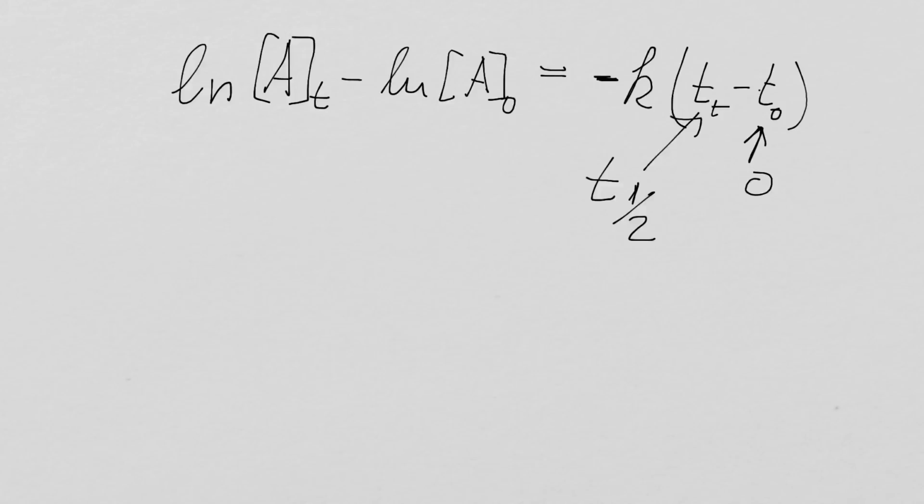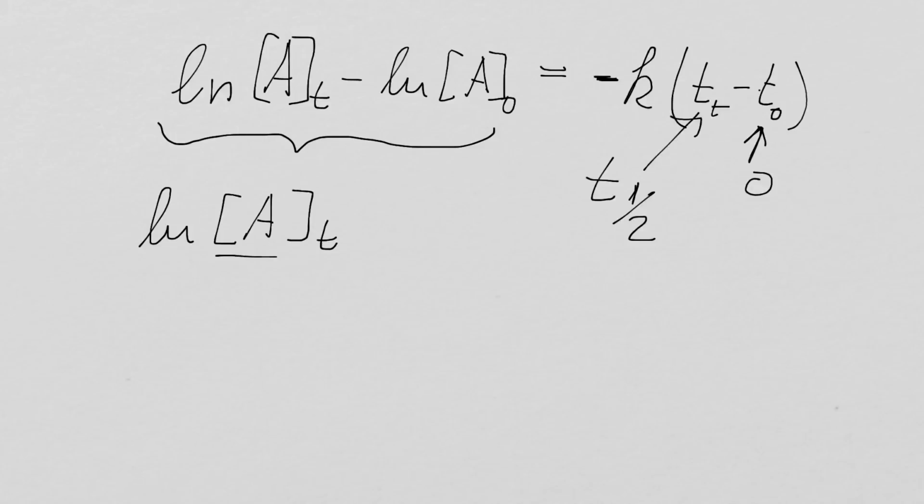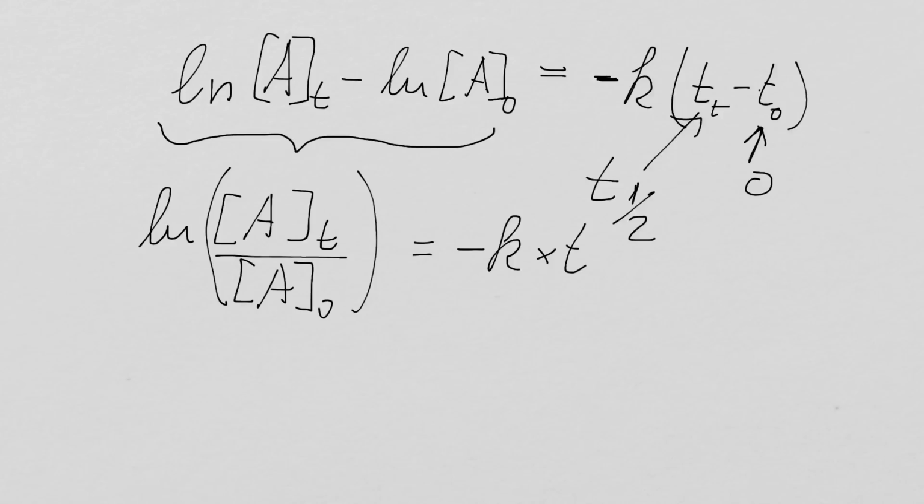And I can write this according to the rules of logarithm as ln(A_t divided by A_0). That's the same thing. ln(A_t/A_0) equals minus k times t half-life.